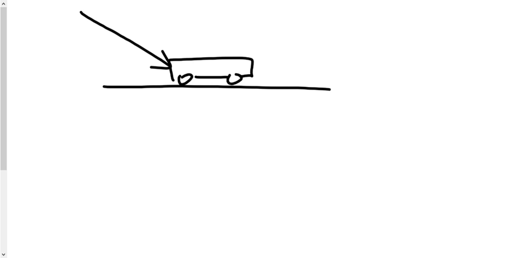Let's say we're pushing down on the lawnmower at an angle of 40 degrees. And let's say I'm pushing that lawnmower, which has a mass of 20 kilograms, with an applied force of 100 newtons. Now, there is a resistive force acting here.